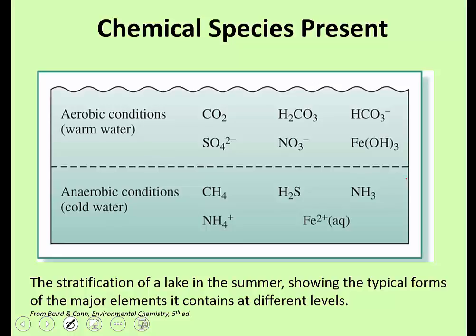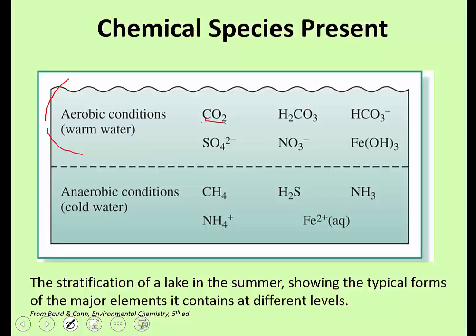So what are the chemical species that we want to keep an eye on in the water? Well, if we look at the next figure, it shows the stratification, if you will, of a lake in the summer, kind of where the chemical species are going to be found. The upper layer tends to be the warmer water that has aerobic conditions, oxygen. So notice all of the compounds in this upper level contain oxygen.